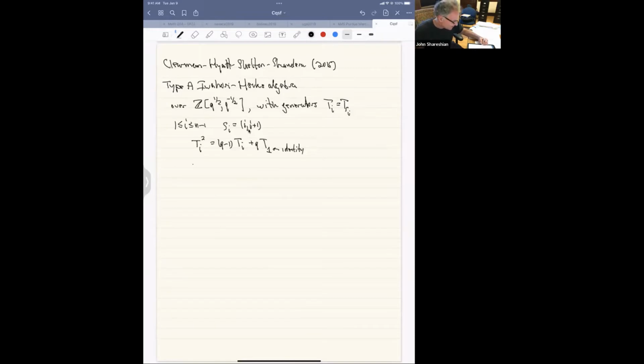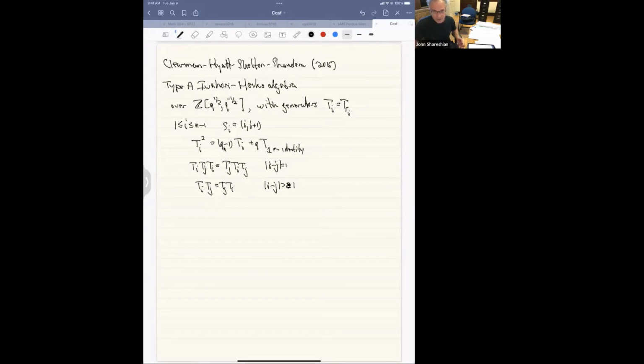And T_i T_j T_i is T_j T_i T_j if the absolute value of i minus j is 1, and T_i T_j is T_j T_i if i minus j in absolute value is larger than 1. Okay, so if you stare at these, they are essentially the same relations satisfied by the s_i in the symmetric group. These are just the braid and commutation relations for the adjacent transpositions in the symmetric group.